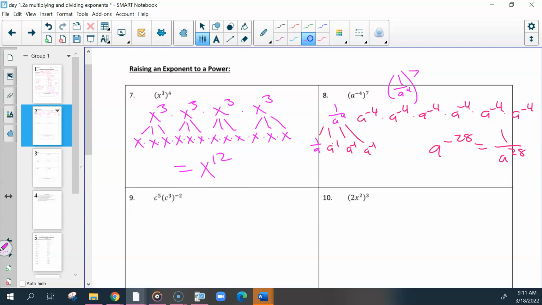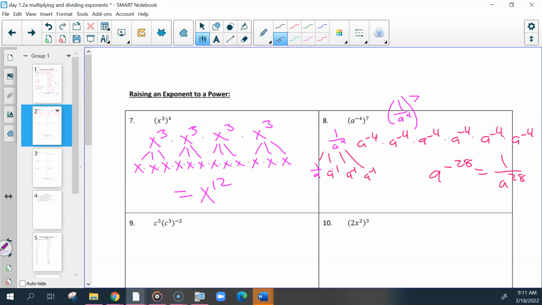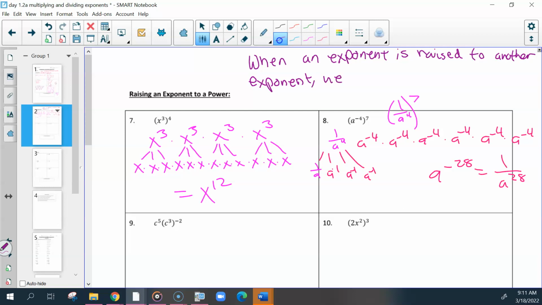What do we think our rule is? Multiply the exponents. So when we raise an exponent to another exponent, we multiply the exponents together.